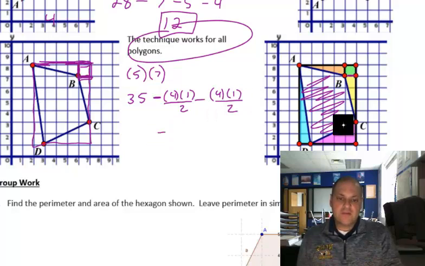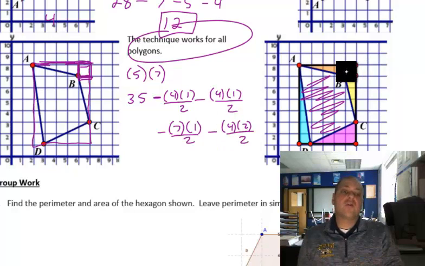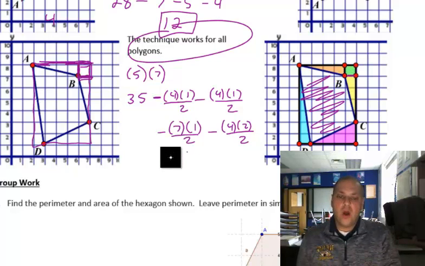And then minus blue, 1, 2, 3, 4, 5, 6, 7 by 1. That's a 7 by 1 triangle divided by 2. And then this purple one is 1, 2, 3, 4 by 2. That's a 4 by 2 divided by 2. And then don't forget the green. That's a 1 by 1. 1 times 1 is 1. So we're just going to take away 1.